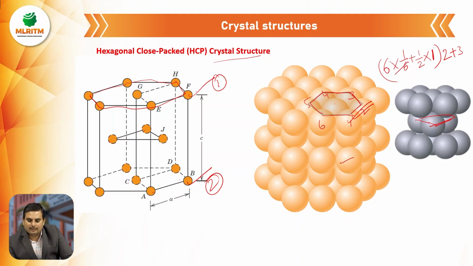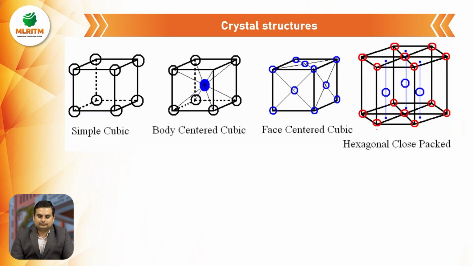Here the 6 will go off, so we will get 1. Here 1/2 into 1, we will get half only, multiplied by 2, that is 1. Then 3 plus 3, that is the number of atoms, 6 atoms we will get. 6 atoms are occupied in the hexagonal crystal structure.